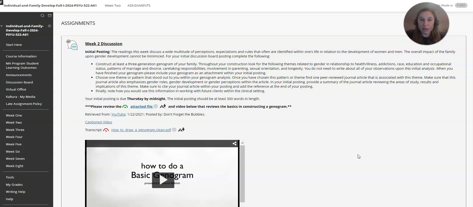So going back to your grandparents at least, and make sure you look for these different themes in relation to gender: gender and health or illness, gender and addictions, gender and education, gender and occupational status, patterns of marriage and divorce, gender and caretaking responsibilities, involvement in parenting and gender, sexual orientation and gender, and longevity. You're not going to have to cover all of them, but look for some of those themes and write about what you've observed as you've constructed your genogram.